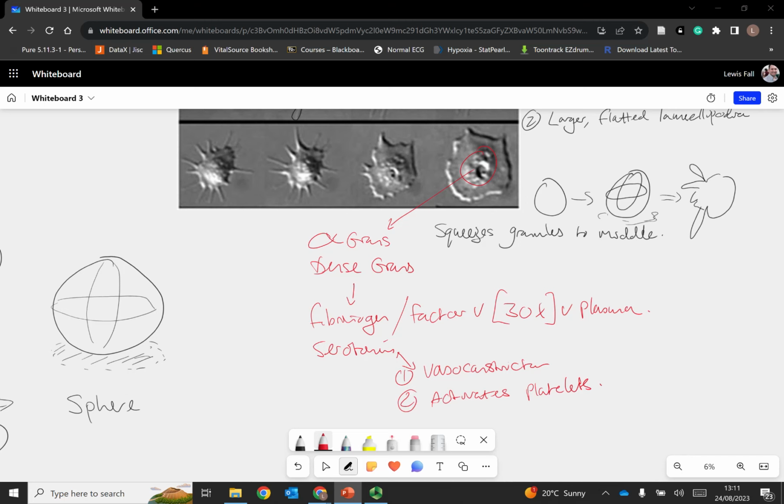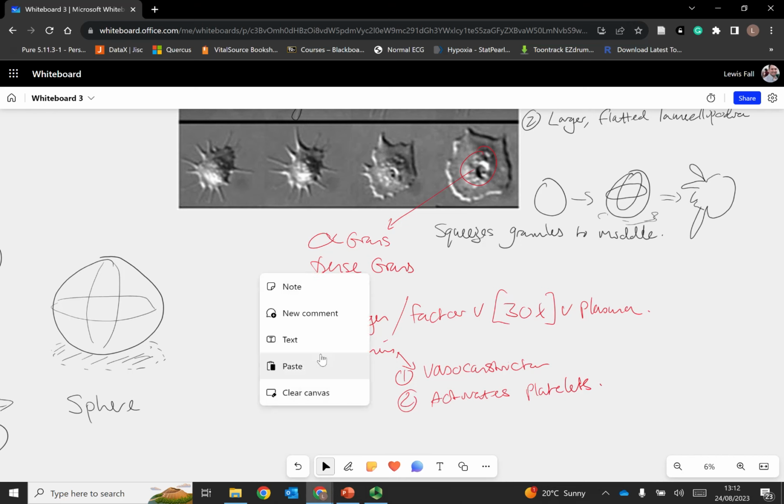So if you imagine the platelets being like this blu tack with Lego pieces stuck on it, they're going to start to reorganize all of that to make sure that all of the glycoproteins are where they need to be. And then something really interesting is going to happen, and that is that the platelets are going to start interacting with each other.